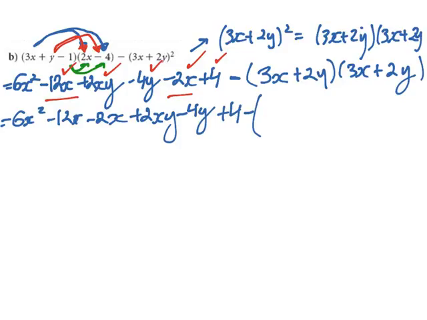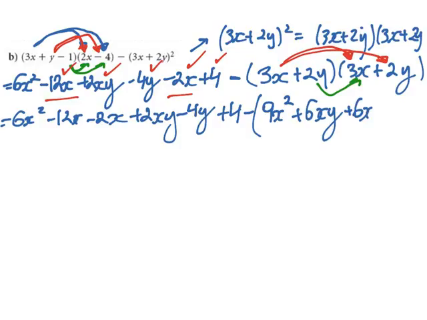Again, 3x times 3x is 9x squared. 3x times 2y is 6xy. 2y times 3x is, in alphabetical order, 6xy. And the last thing I'm going to multiply is 2y by 2y. It's 4y squared. Notice I'm keeping the bracket.